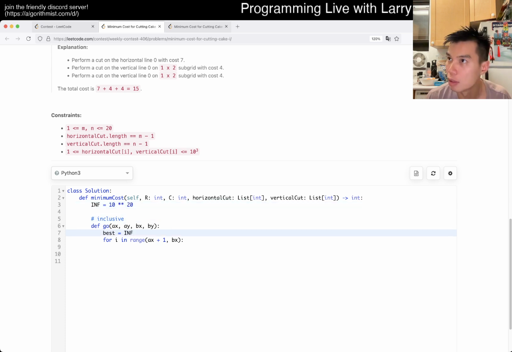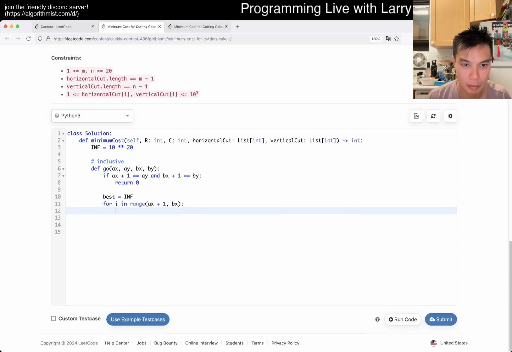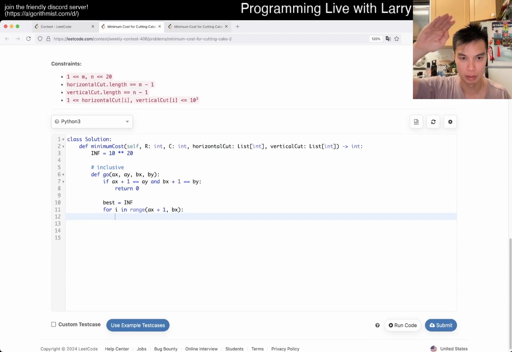We need a base case. So ax plus 1 is equal to ay, and bx plus 1 is equal to by. Then this is just 0, because now we have 1 by 1s, and then now we cut on the row, right?